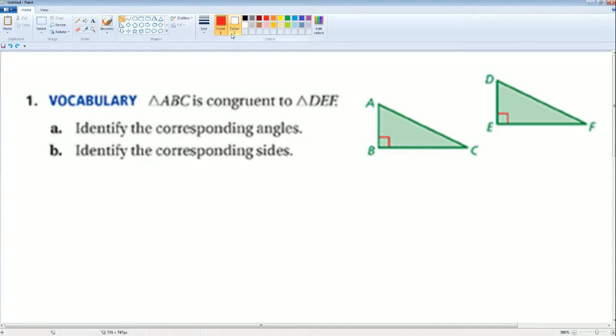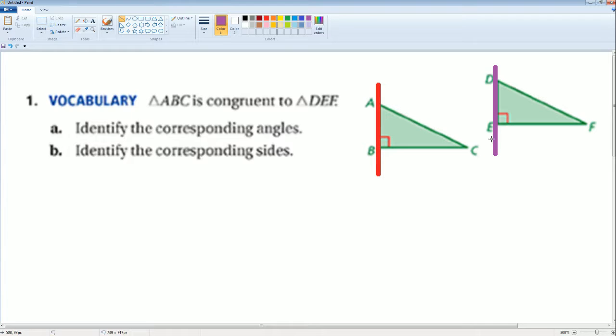So let me draw the sides for you here. Alright, so the first one, AB, right here, is going to be the same thing as DE. Then let's do purple.